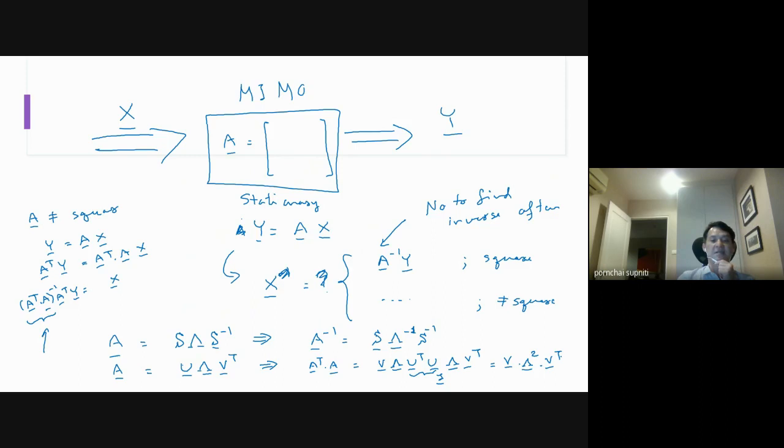If you need to find an inverse, it's simple. A transpose times A is equal to V times the eigenvalue matrix squared times V transpose.